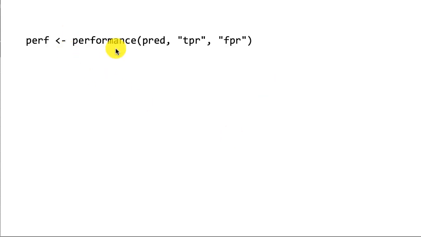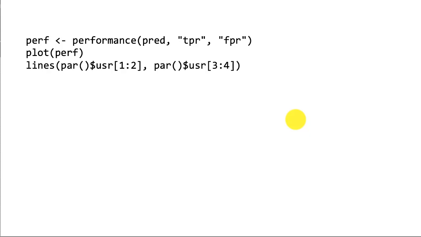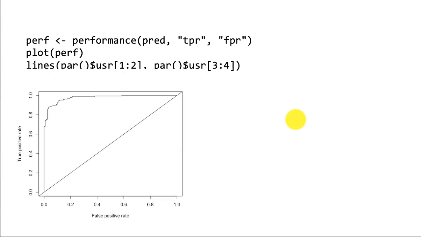Okay, so this part is always the same. The code is always going to be prediction, TPR, FPR, true positive rate, false positive rate, and then plot performance and then lines. So that comes out to be our ROC chart. And of course, the ROC chart reflects very clearly the error matrix that we saw, right? The model is very powerful in terms of predicting.